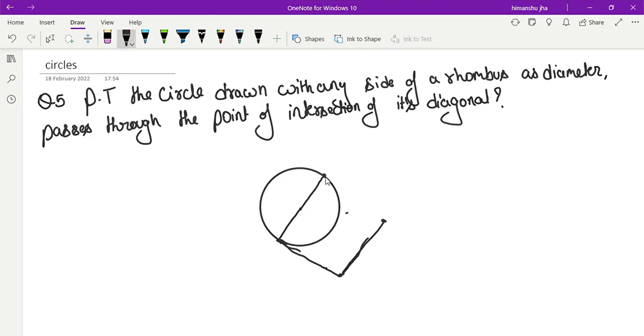This is the third side. This is the fourth side. Now we have to prove that it will pass through the point of intersection of its diagonals. So the diagonals of the rhombus will be like here. So at this point of intersection of the diagonals, the circle is passing through it. That's what we have to prove.